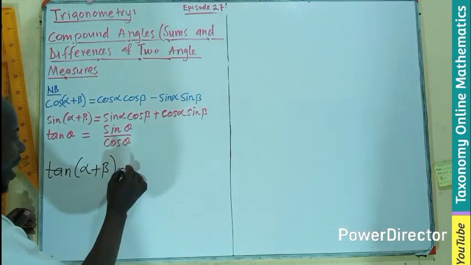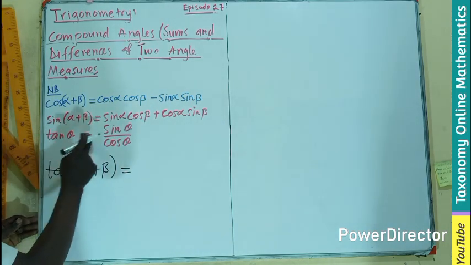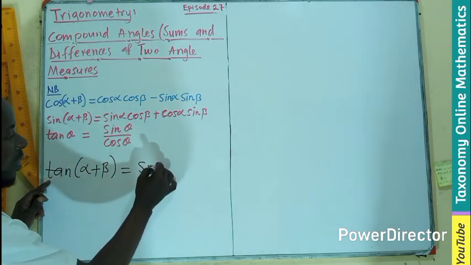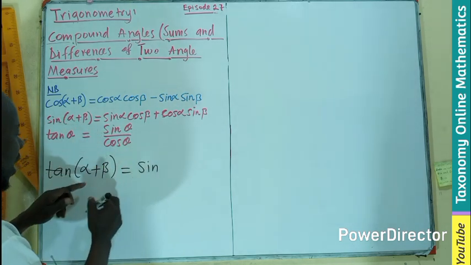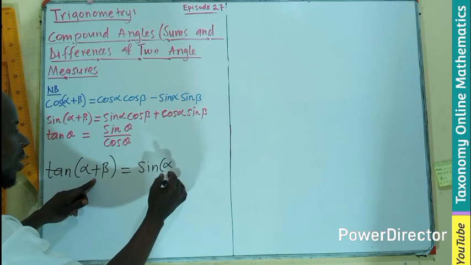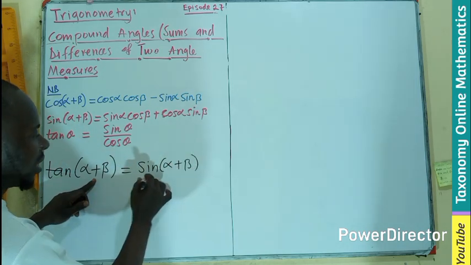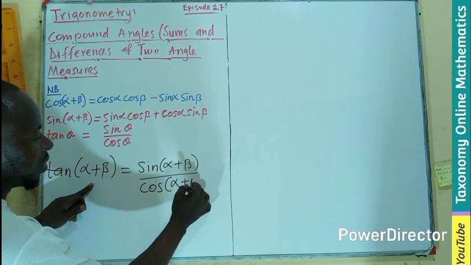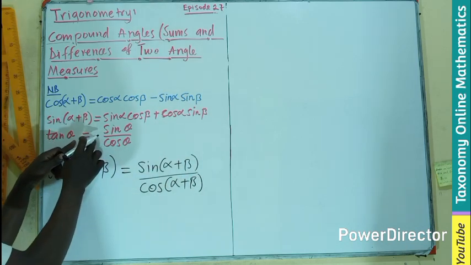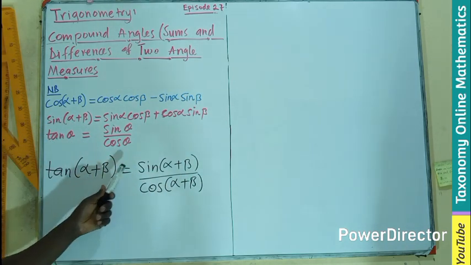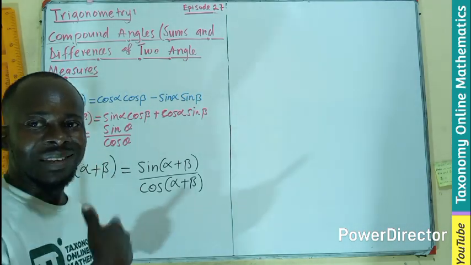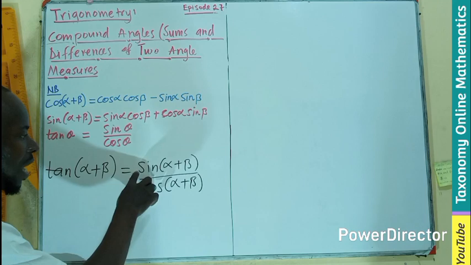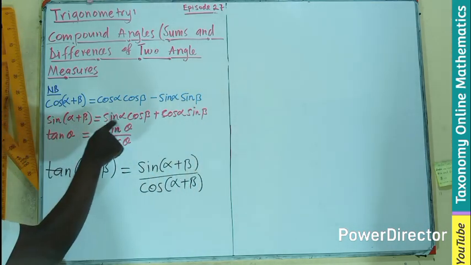All right. Remember, tan equals sine over cos, meaning the whole of this is just the sine of alpha plus beta divided by the cos of alpha plus beta. So if you have a tan of an angle, it's just the sine of the angle divided by the cos of the angle. But if you look at this, you are seeing its expansion here.